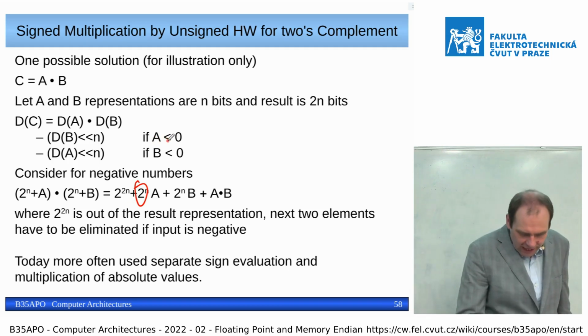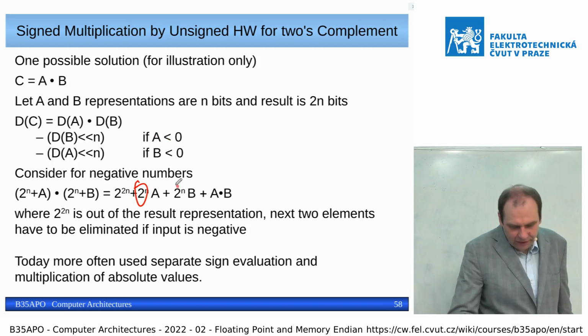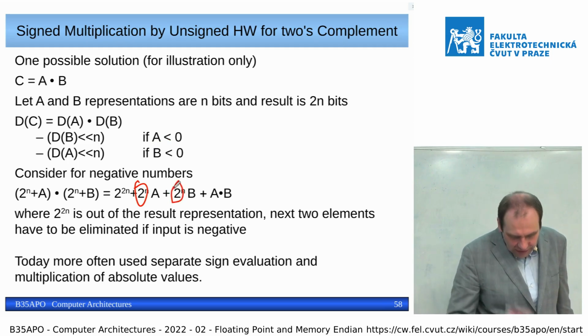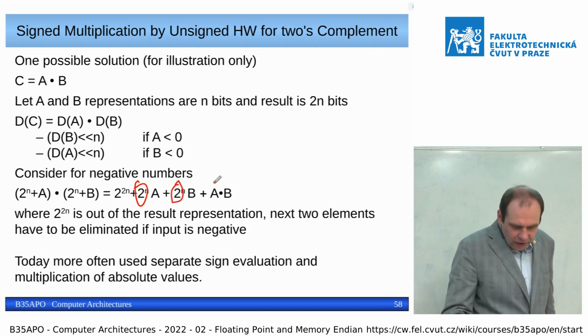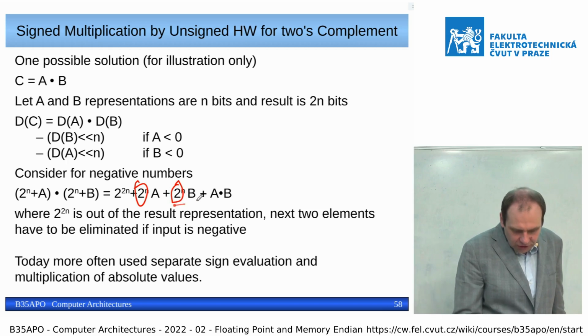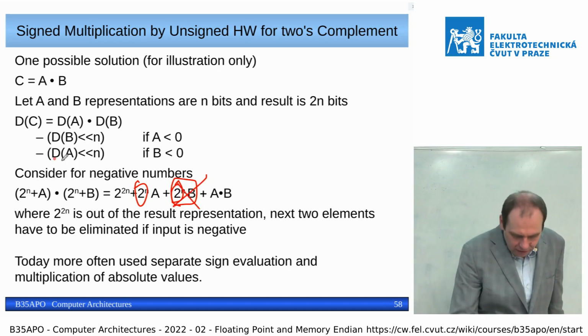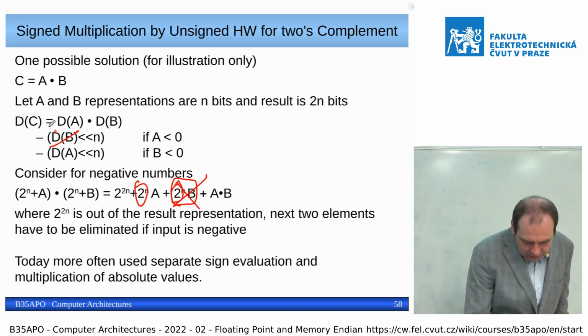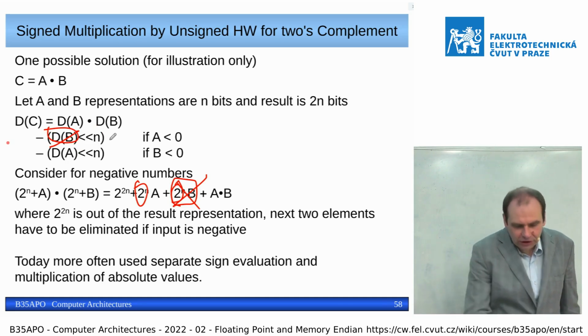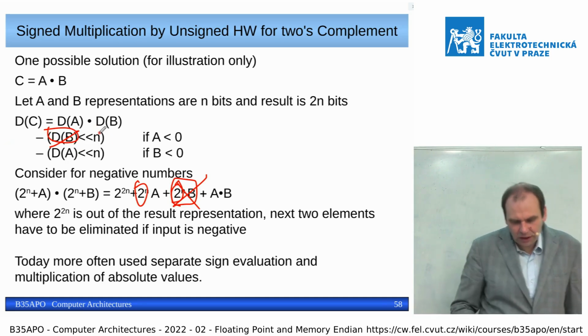So if A is negative, then in the result there will be the additional B multiplied by the modulo value. So we need to get rid of it. So it is this minus B shifted by the size of the output.